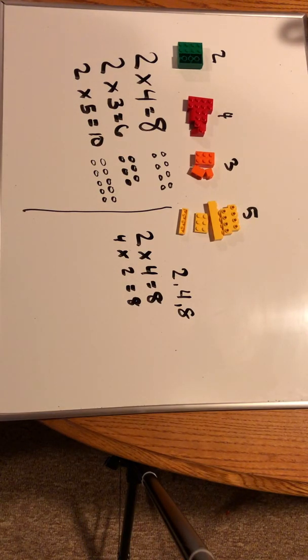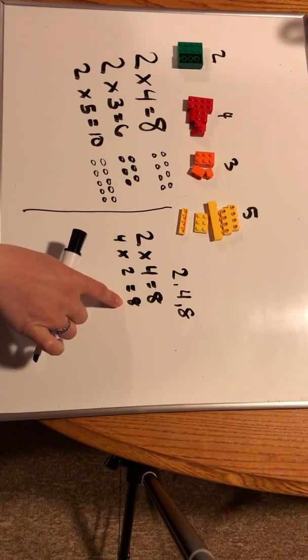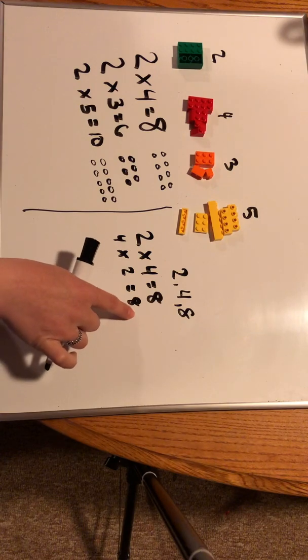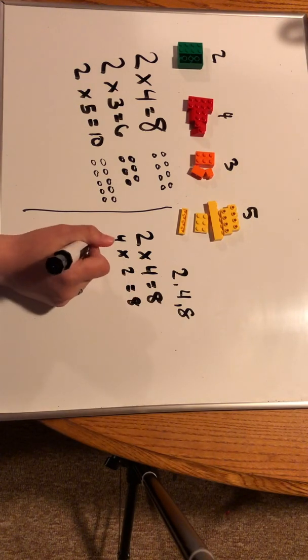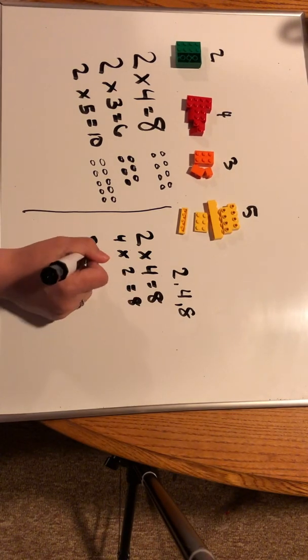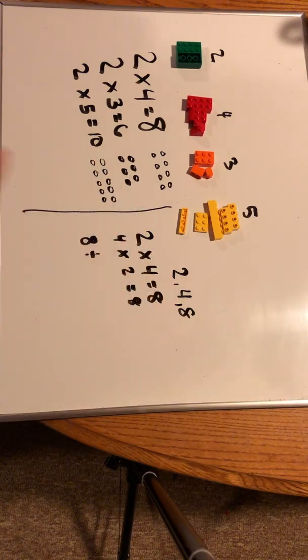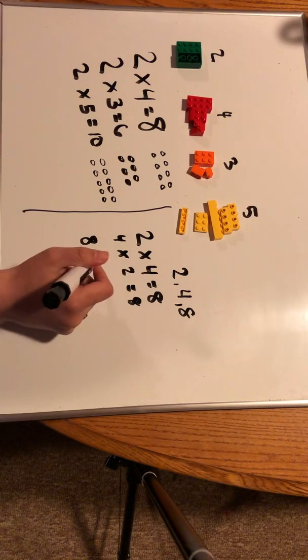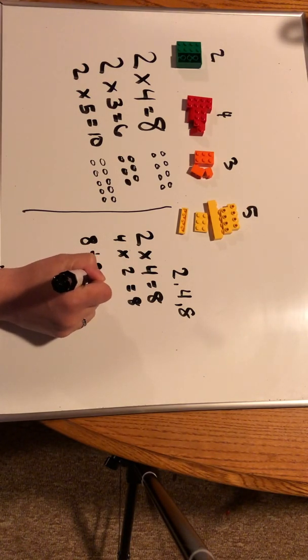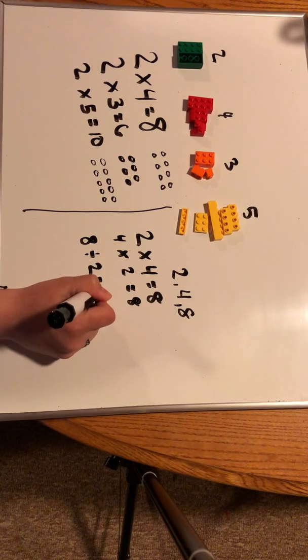Now I need to do division. For division, I take the largest number, which is the product when we multiplied, and that becomes our dividend. So 8 divided by, I either use 2 or 4. Doesn't matter which one. 8 divided by 2 equals 4.